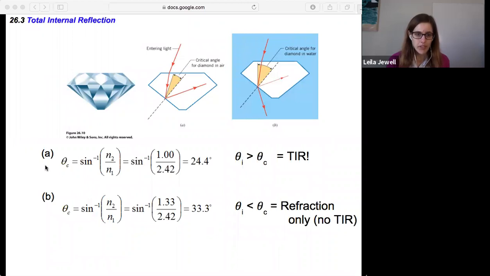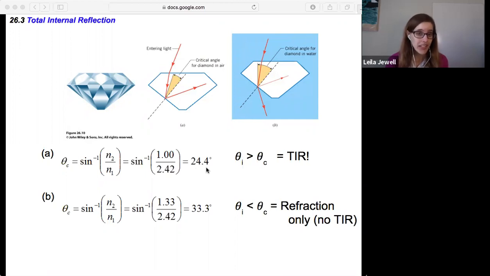Well, based upon our critical angle equation, we can solve for theta c with the inverse sine of just the ratio of those two refractive indices. So for air, it's just 1.00. That's the secondary one where the light is trying to get to, the air. For a diamond, it's 2.42. It's pretty large. And so the critical angle is 24.4 degrees.